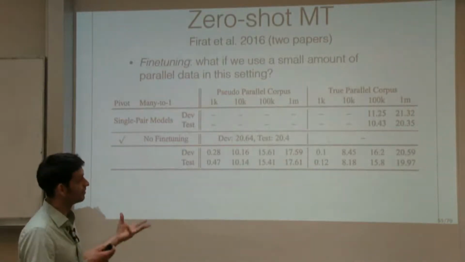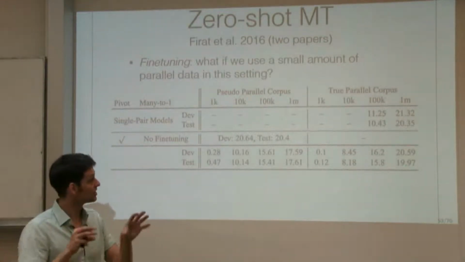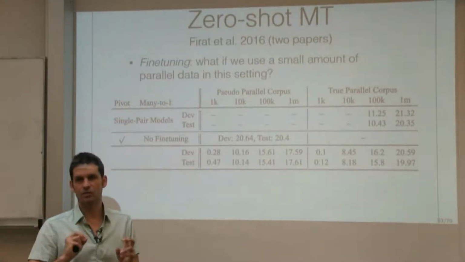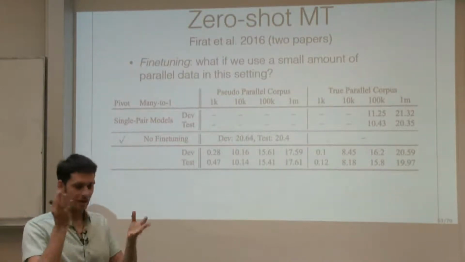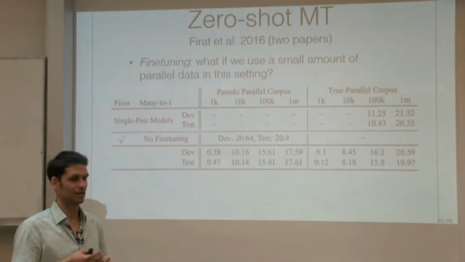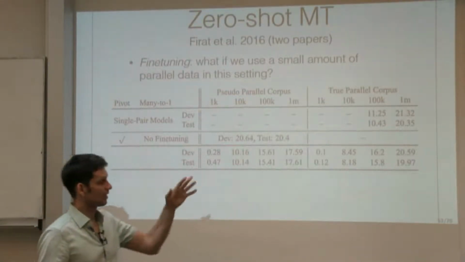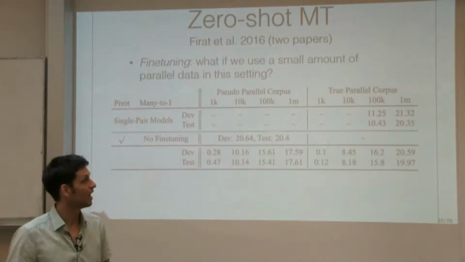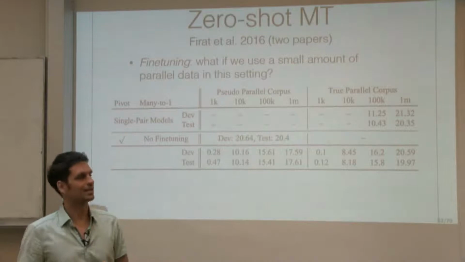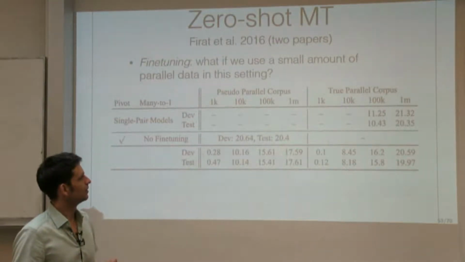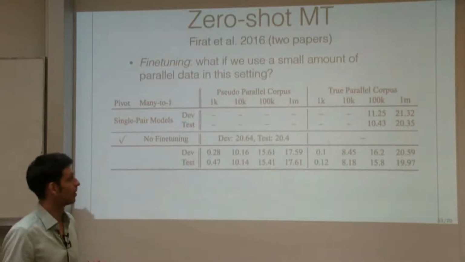So this is a negative result in a way. Having separate encoders and separate decoders and trying to use new language pairs across the setup, we will not get any better, even with this fine-tuning, than what we would get with a reasonably big true parallel corpus.